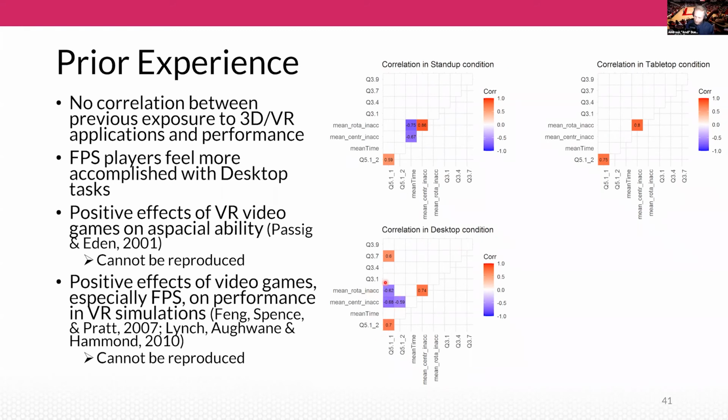This matrix here shows the influence of the inaccuracy in the desktop condition on the feeling of accomplishment. And we can see that inaccuracy has no influence on the feeling of satisfaction or accomplishment in any of the conditions other than the desktop condition. So what this means is, the higher the inaccuracies, the lower the feeling of accomplishment.